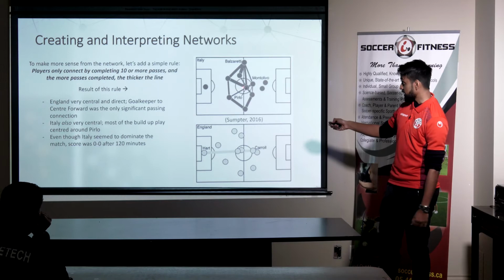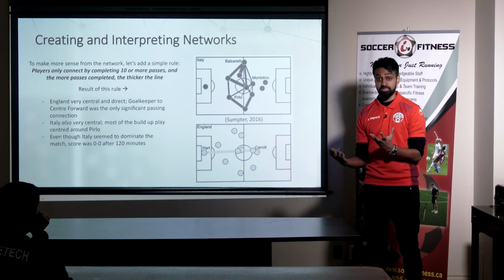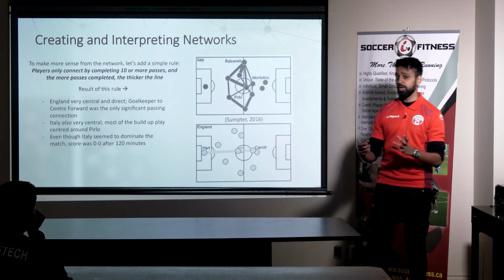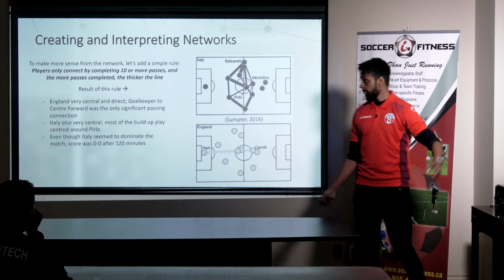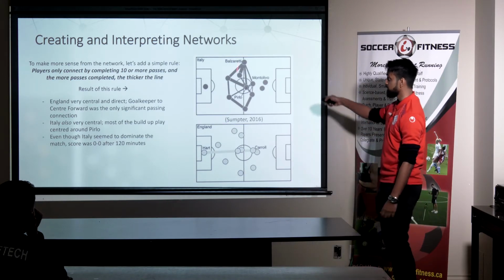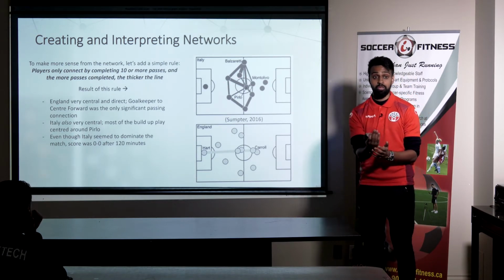In fact, if you tally it up, he had about 6 times more passes than anybody else on the Italian side. These other guys had 30 passes. Pirlo had something like 150 during the entire game. So even though it seems like they're very spread out, they're actually very central, playing through Pirlo.